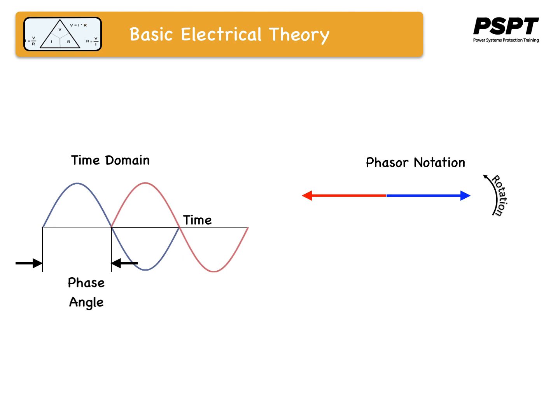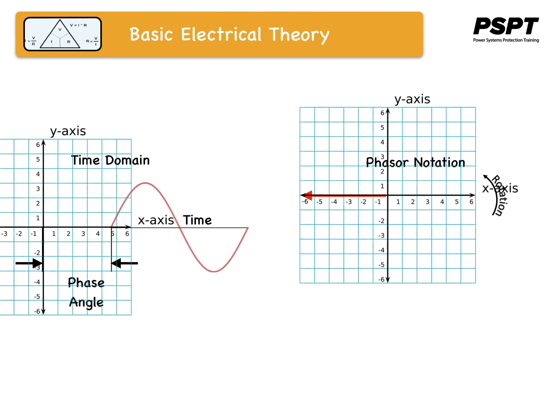Being a relative measurement, like voltage, phase shift or phase angle only has meaning in reference to some standard waveform or another phasor or vector. Generally, this reference waveform is a phasor along the horizontal axis, such as the blue phasor in this case, which would be a waveform starting at t equals 0 in the time domain.